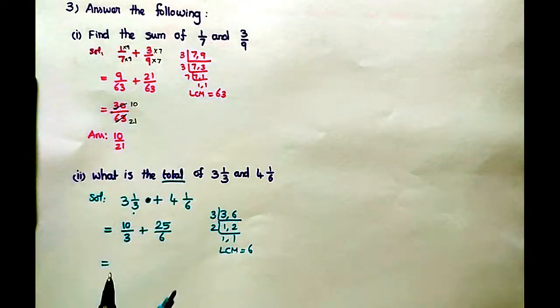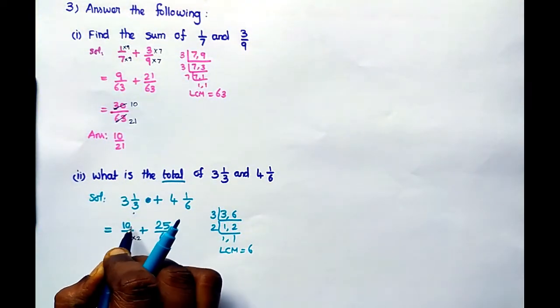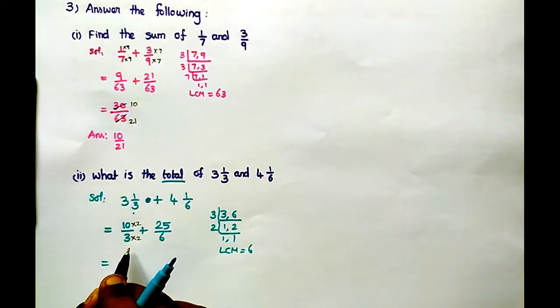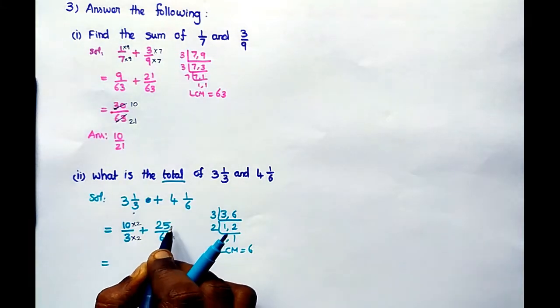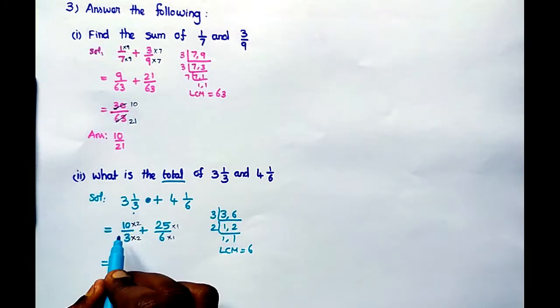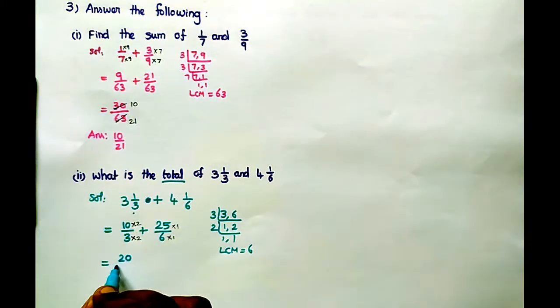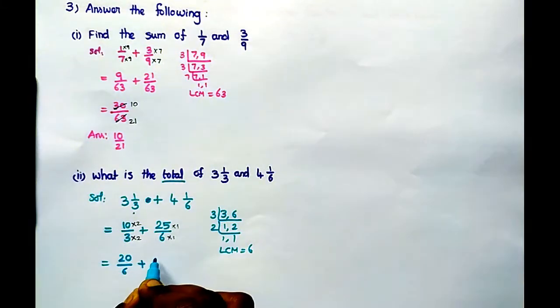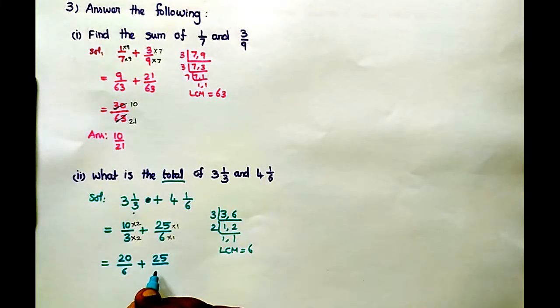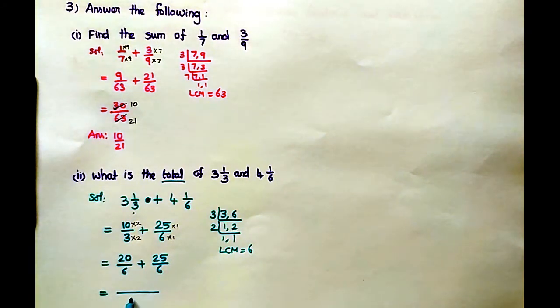So multiply with 2 to get the LCM here, and into 1 here. So 10 2s are 20 divided by 6 plus 25 by 6. Now the denominators are same.